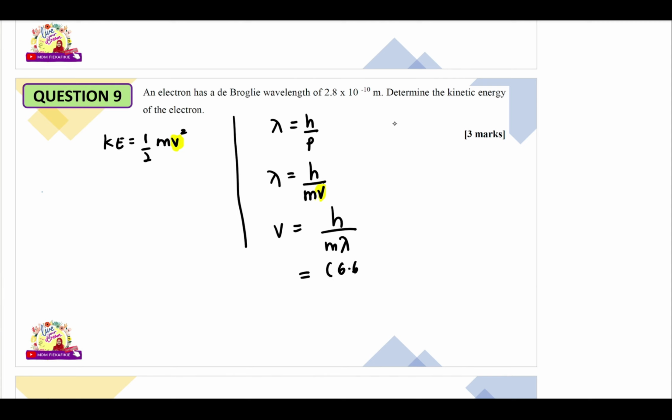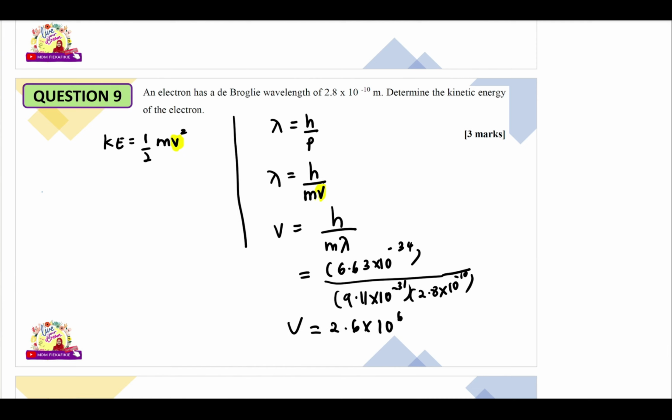Very simple. Chapter ini hanya ada 3 markah saja untuk ditanya dalam soalan. So mass of the electron 9.11 exponent negative 31 and this is 2.8 exponent negative 10. Okay, this is V, belum lagi final answer.